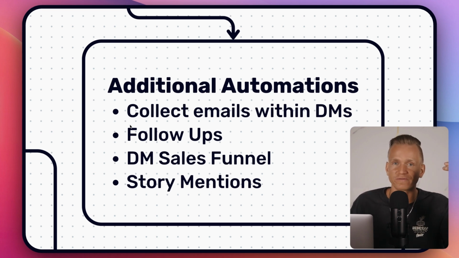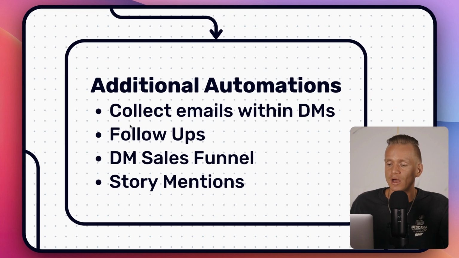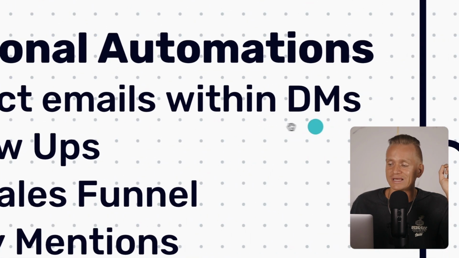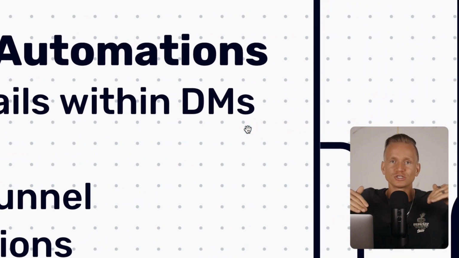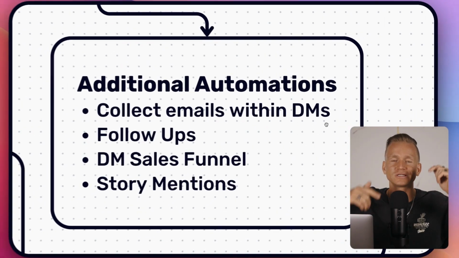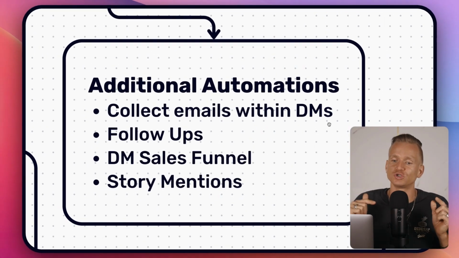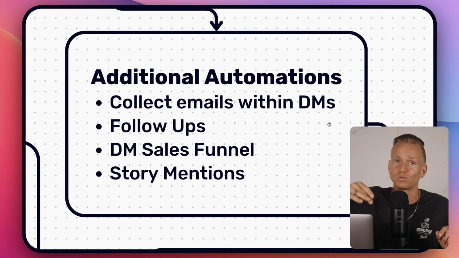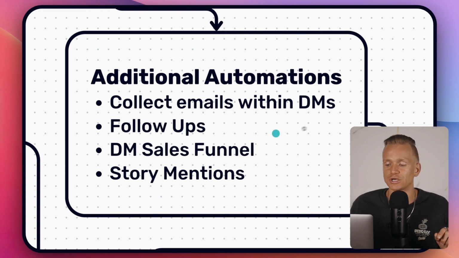Some of these softwares also allow you to collect emails within the DMs. There's an automated message, they ask for the email address, and you can set it up so it's put directly into your email database. So you don't need to do anything, and you don't need that extra step where someone goes to your opt-in page.